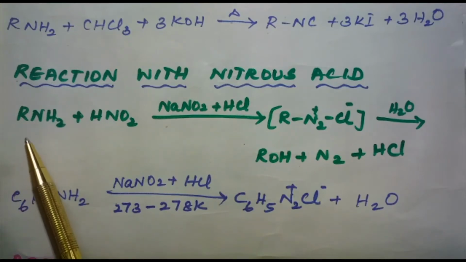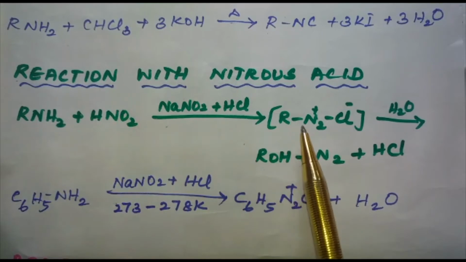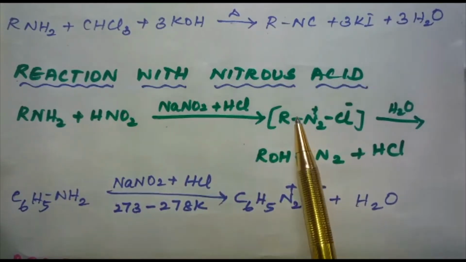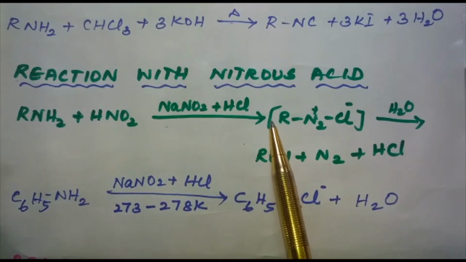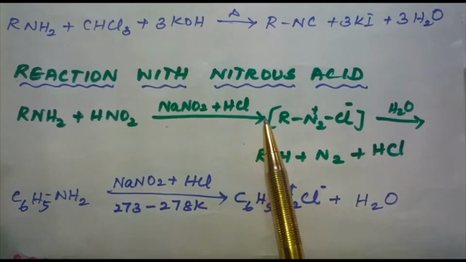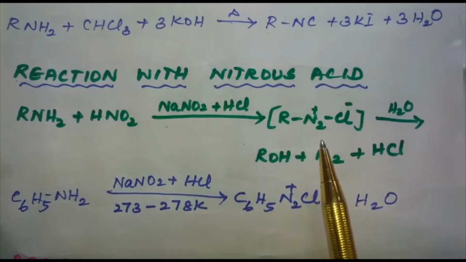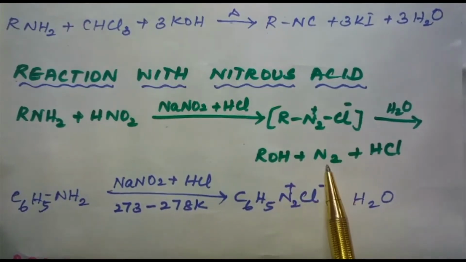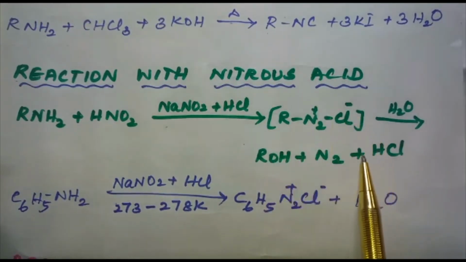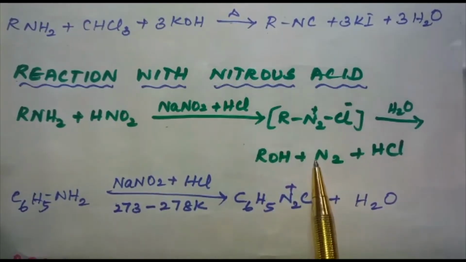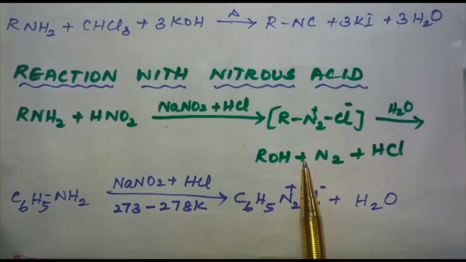Primary aliphatic amines react with nitrous acid to form aliphatic diazonium salts, which are unstable in nature and liberate nitrogen gas quantitatively and alcohols. Quantitative evolution of nitrogen is used in the estimation of amino acids and proteins.